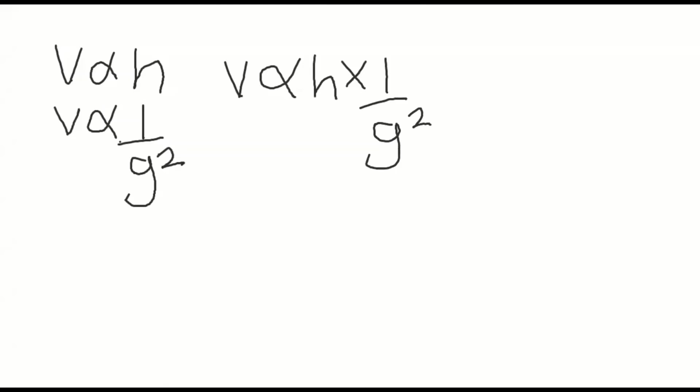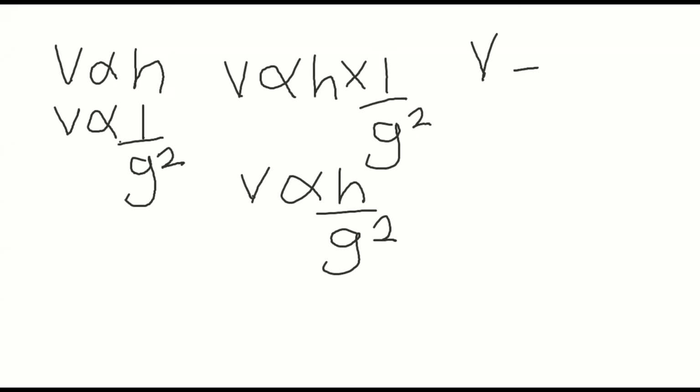So V varies as the height out of the girth squared, meaning V, the volume, is equal to a constant K times the height out of the girth squared. Are there any questions up to there? Or we can proceed.